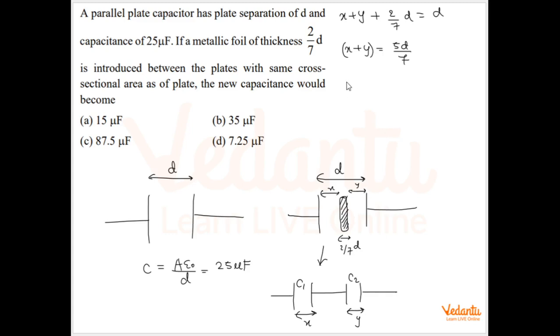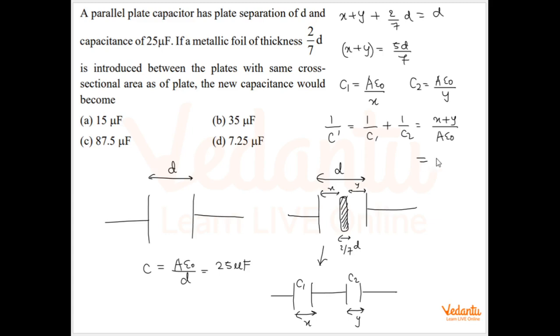Now C1, beta, will be nothing but A epsilon naught by x, and C2, my dear bachcha log, will be A epsilon naught by y. Their equivalent capacitance, let's just call it C dash, will be 1 by C1 plus 1 by C2. That will be x plus y upon A epsilon naught.